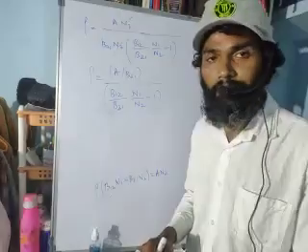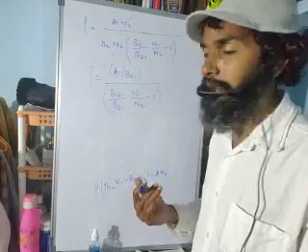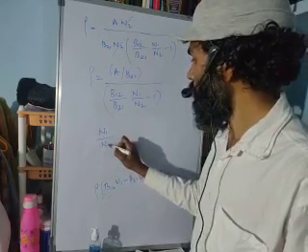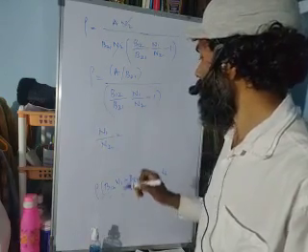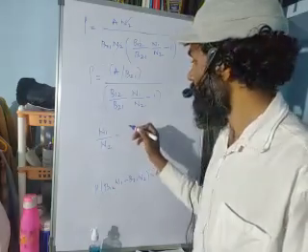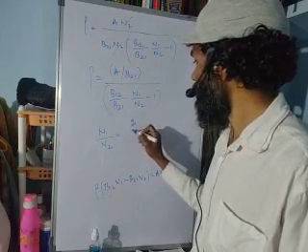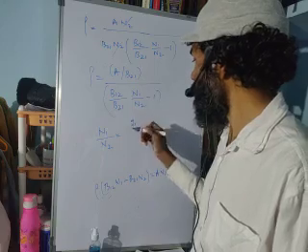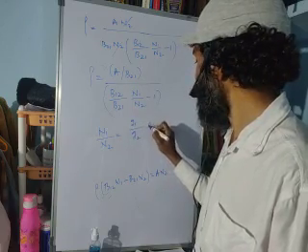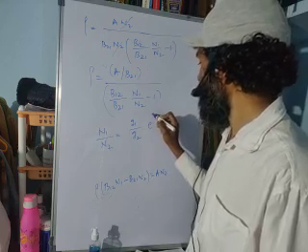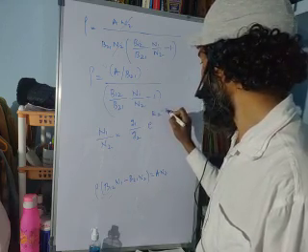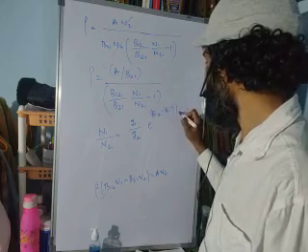But from the Boltzmann statistics, the ratio of n1 and n2 can be written in terms of the degeneracies of these levels. If you label them as g1 and g2, then it should be equal to g1 by g2 into exponential of e2 minus e1 divided by kT.